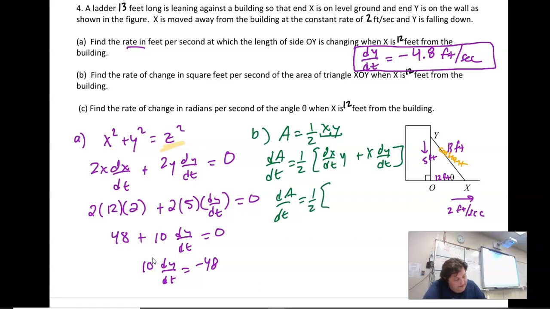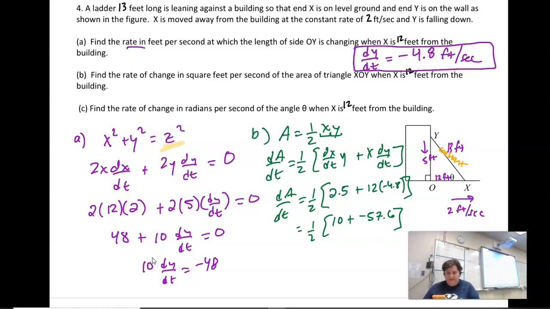All right. dx dt is 2. Y is 5. X is 12. dy dt is negative 4.8. So that's 10 plus, I would let you use a calculator for that if we needed one, negative 4.8 times 12, negative 57.6.